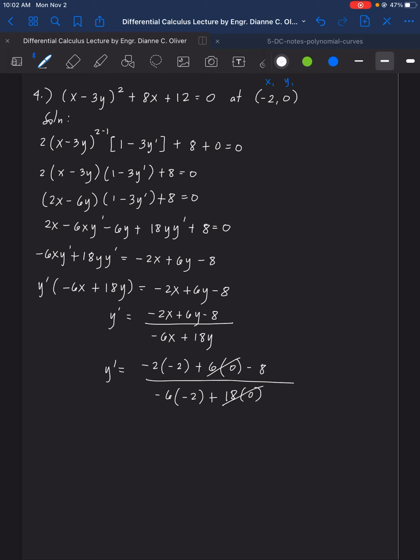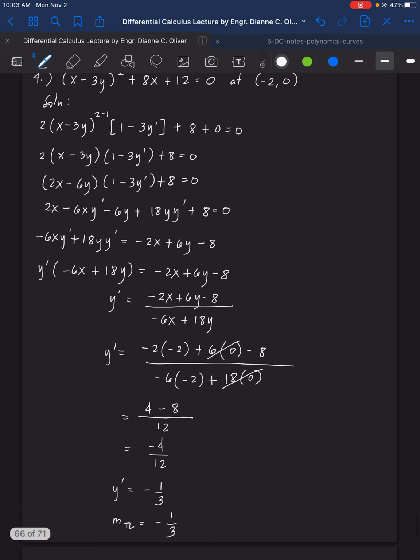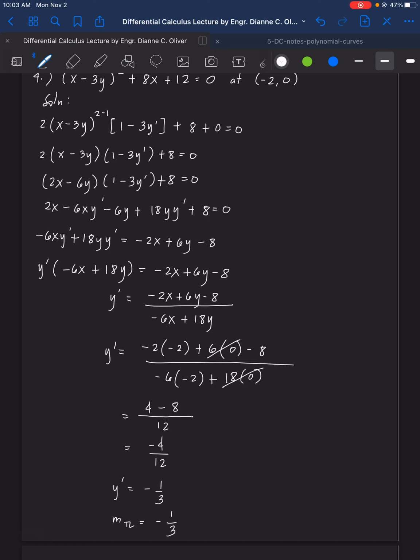Cancel this one out, it's already 0. Therefore, it's positive 4 minus 8 all over positive 12. Negative 4 over 12, therefore y prime is negative 1/3. The slope for the tangent line is equal to negative 1/3. Okay, so that's all for solving for the slope of the equation at point negative 2, 0.